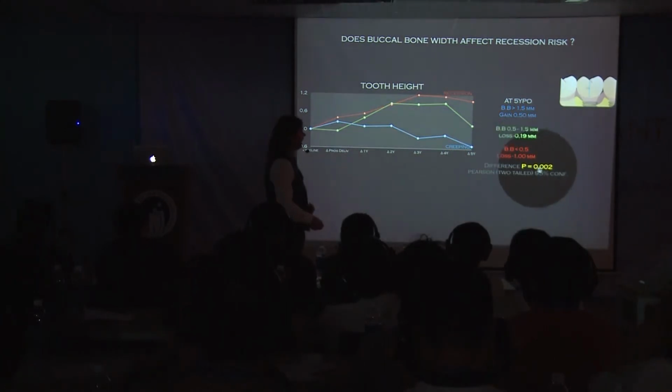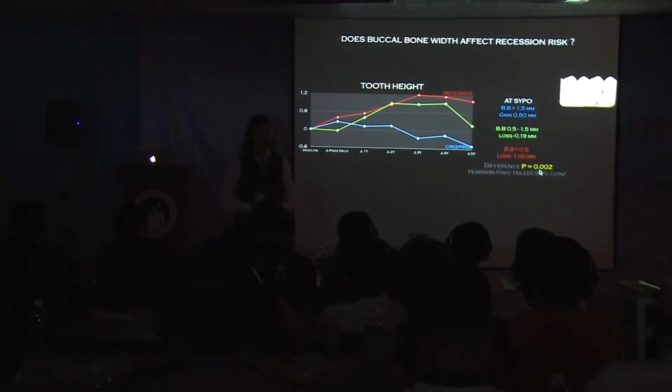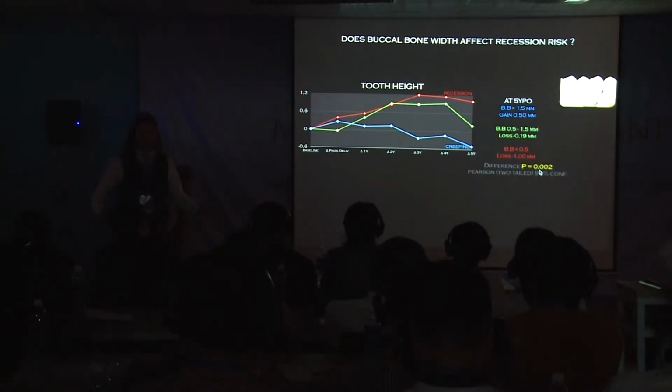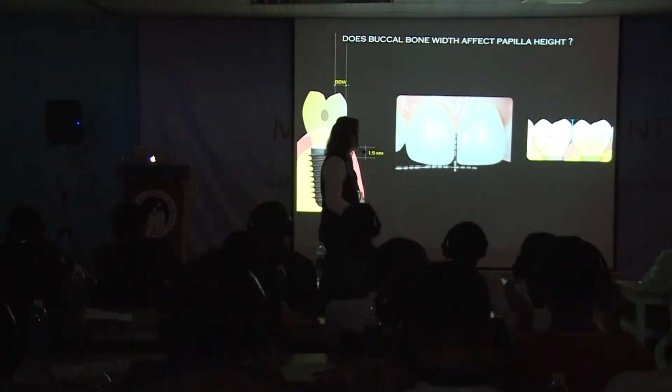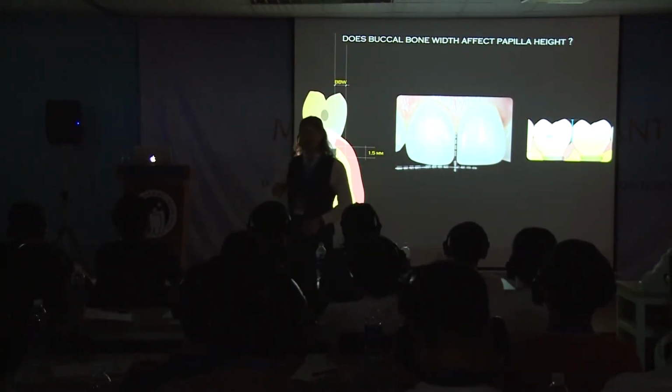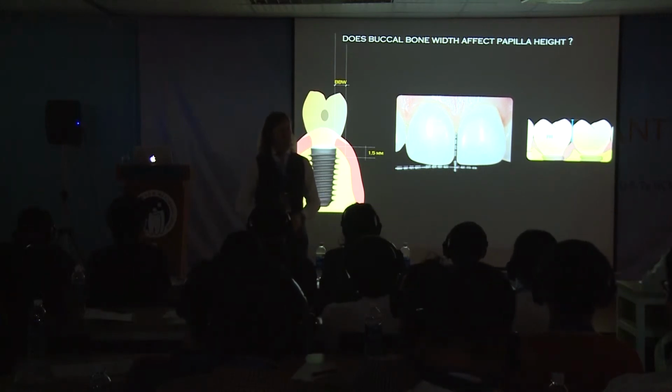And this is a really highly significant value. I do all the statistics on my own, so you can ask me whatever you want about these statistics. Do you think the papilla will be affected by the buccal bone?